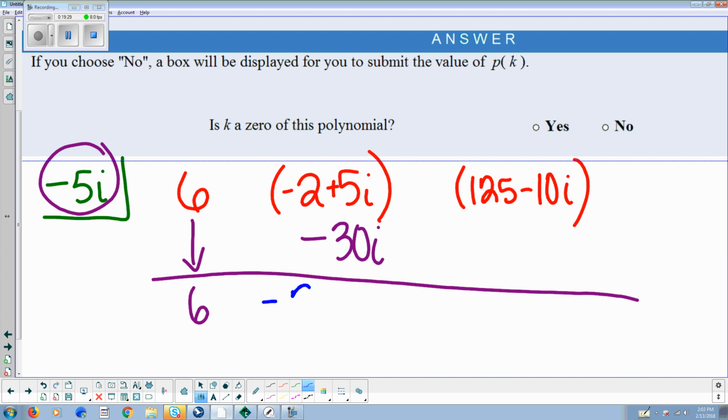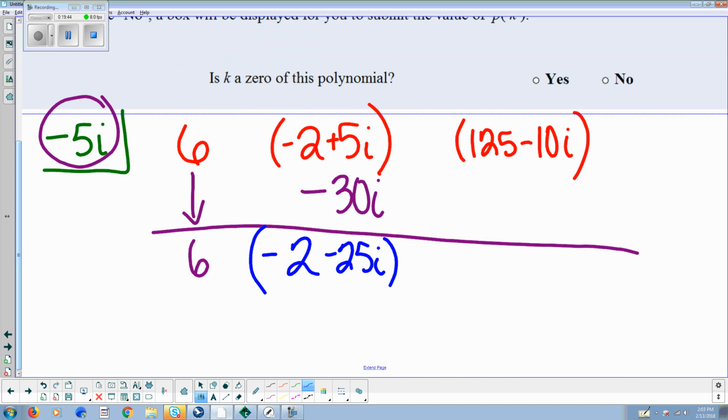So negative 2 has nothing to add to it, but 5i minus 30i is negative 25i. And any number that comes under the line is going to get multiplied by our multiplier. So negative 5i gets multiplied by negative 2. So negative 5i times negative 2 is positive 10i.